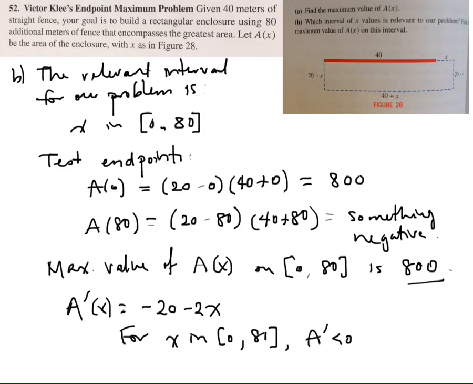So our function is decreasing on this whole interval. That tells us that the maximum must have occurred at the left endpoint before we had a chance to do any decreasing at all. So the max value of A of x is 800 square meters, I guess I should say, and that happens when x is 0.